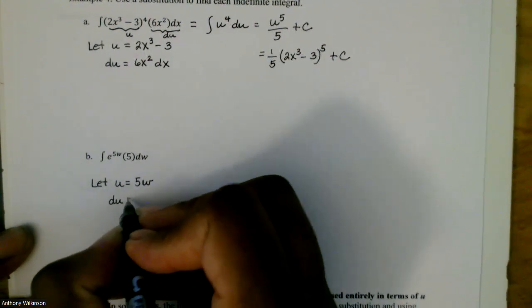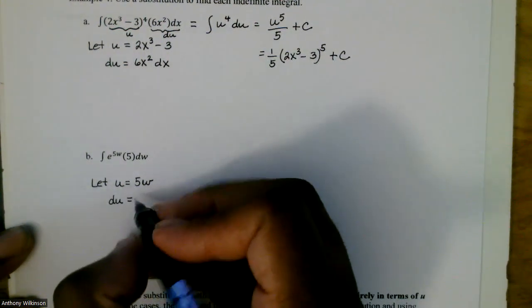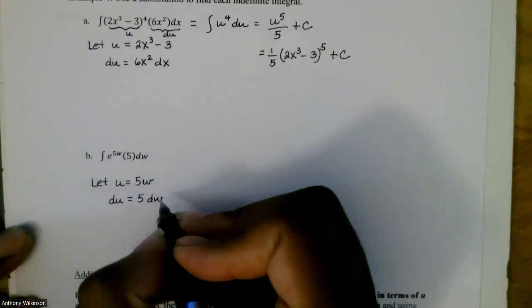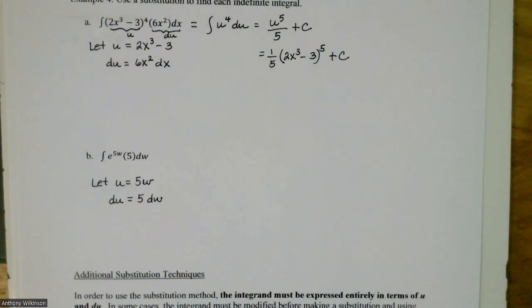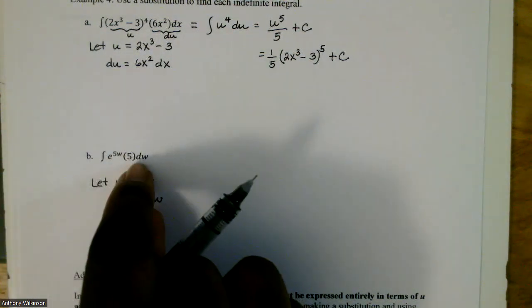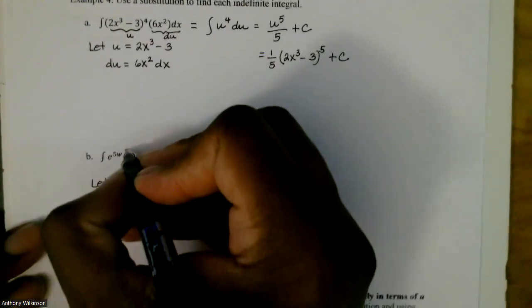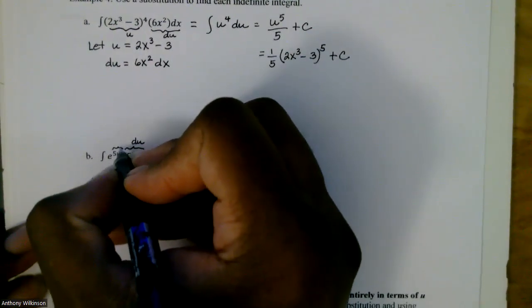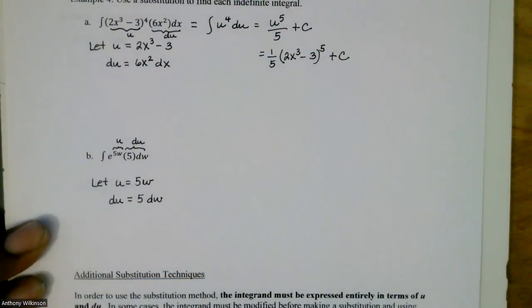And then the derivative of u, du, will be, the derivative of 5w will be 5, but this is in terms of w, so I have to include dw, which is exactly what I have here, 5 dw, because this right here is du, and I'm letting u equal to 5w.